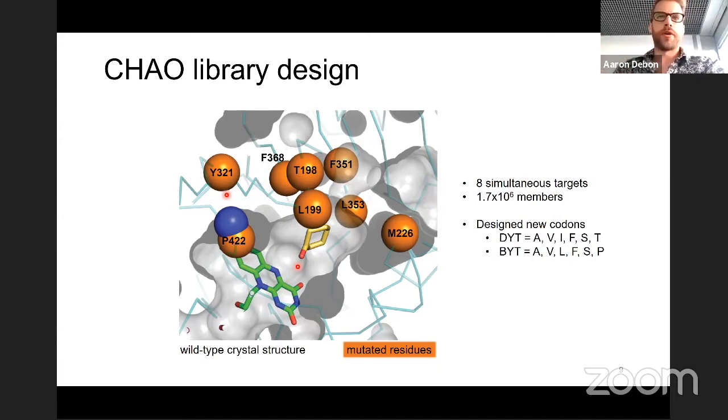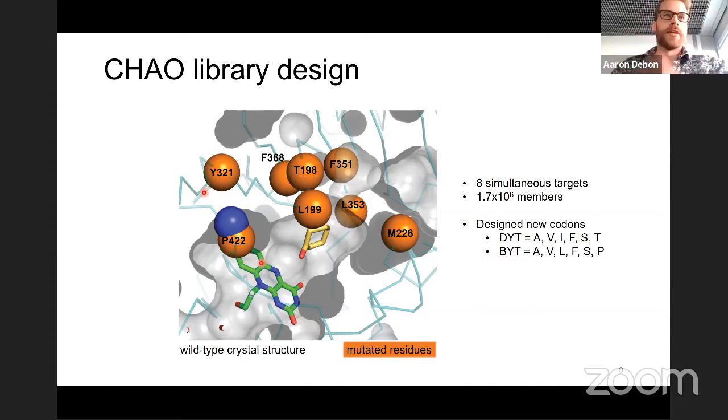They code for different sizes of aliphatic side chain residues and residues that can hydrogen bond. The DYT codon is targeting all of these residues, whereas for this proline here, we decided to use BYT, which also codes for proline, in case this proline had a structurally important role, so we could conserve it during the evolution.